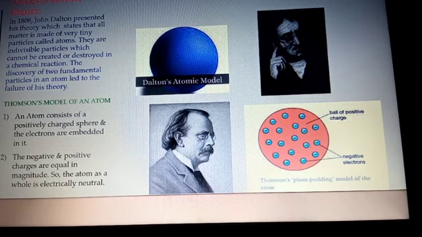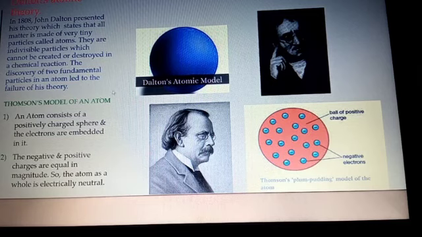Okay, and the discovery of the two fundamental particles, which was by Goldstein and Thomson, led to the failure of Dalton's atomic theory, because he said that the atom is the smallest particle, indivisible, and cannot be created or destroyed, but he could not explain it. So the discovery of the two fundamental particles, the protons and electrons, led to the failure of his theory. Okay, children, so he is John Dalton and this is his atomic model.